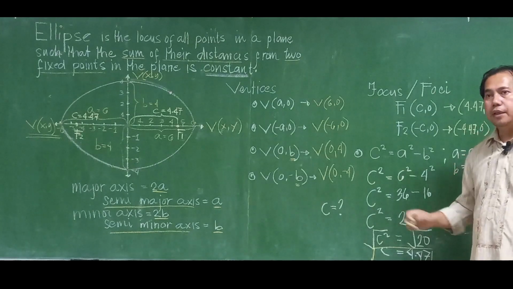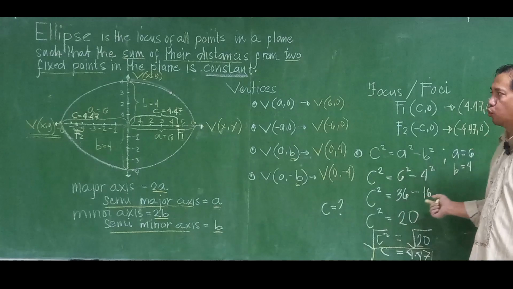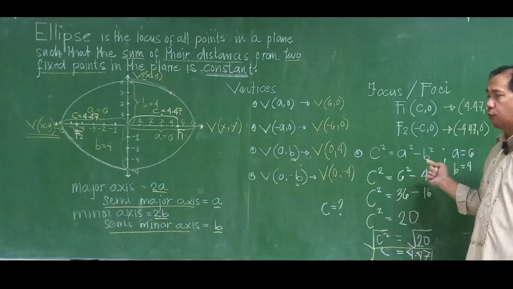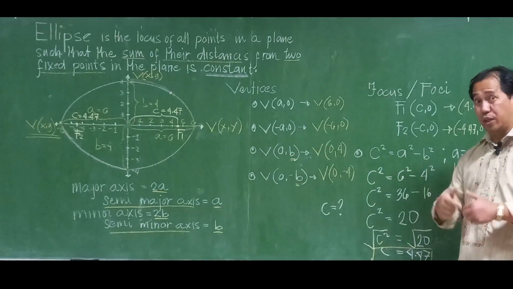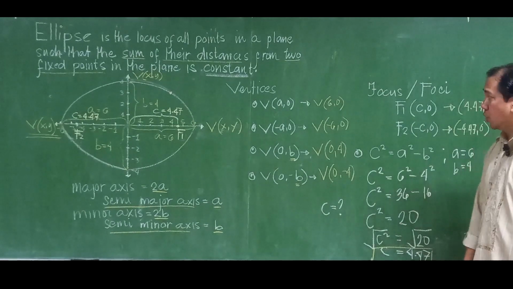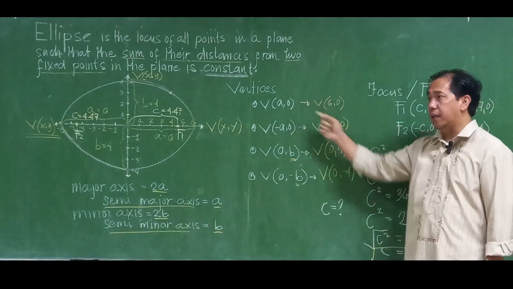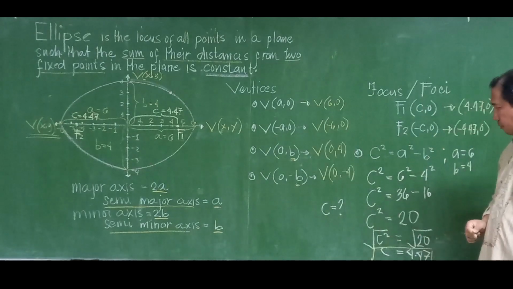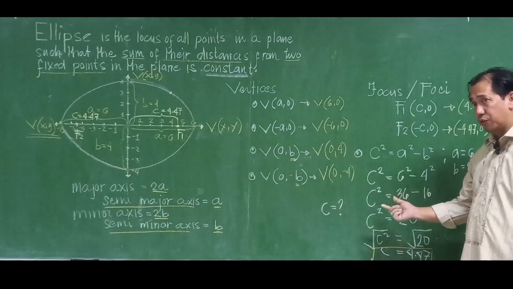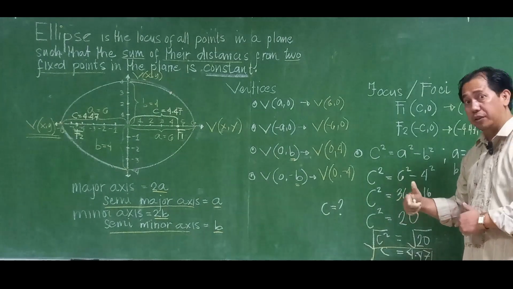See? That is how we are going to compute for our focus, or that is how we locate our focus. First, we should have the value of A and B. Second, if we do not have the value of C, definitely you cannot locate the focus.